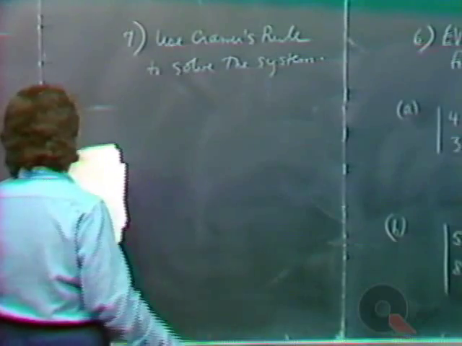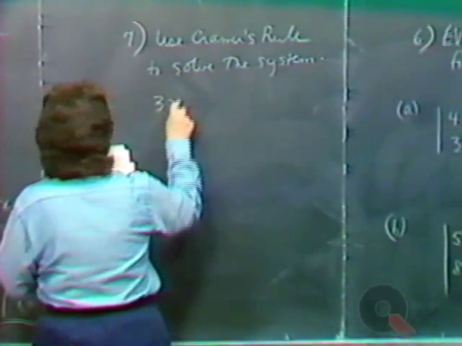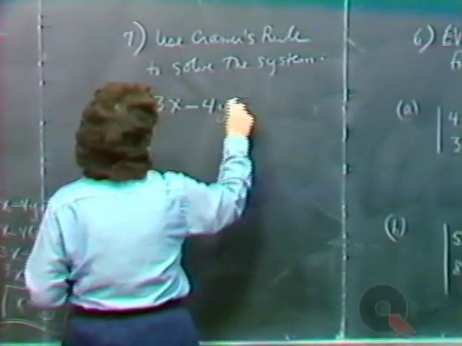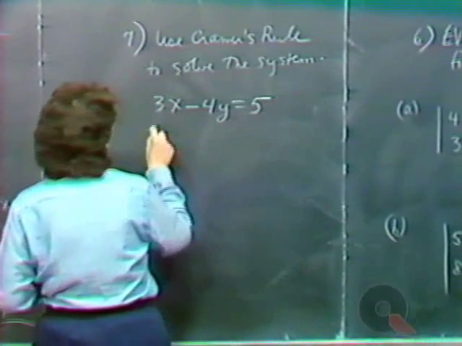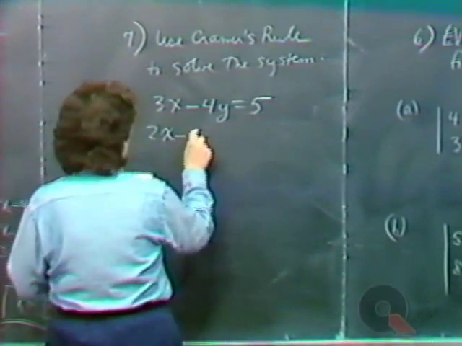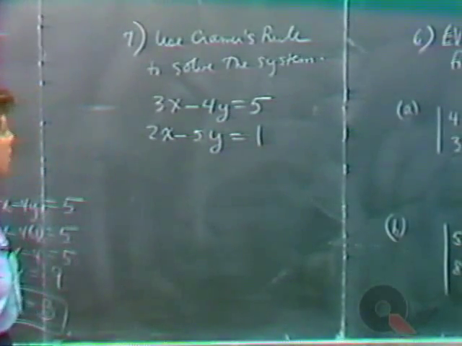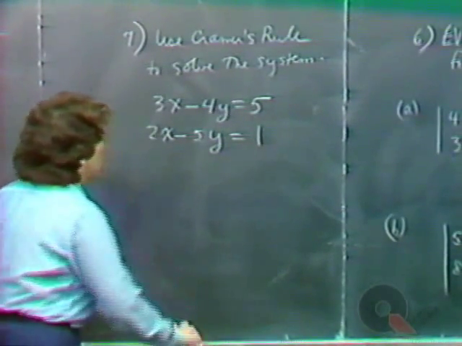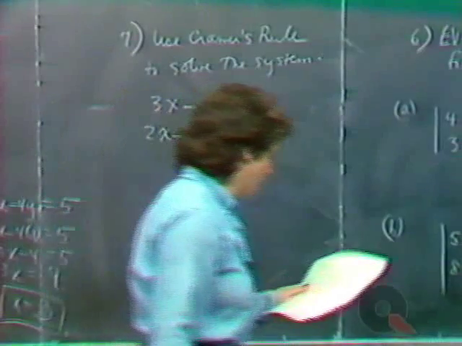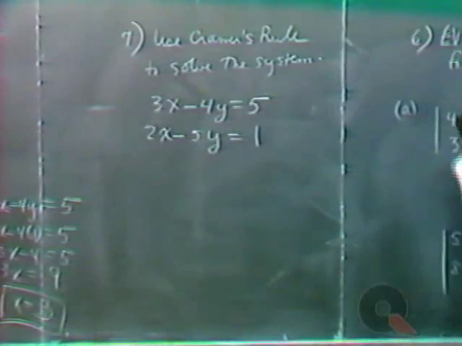Use Cramer's rule to solve the system 3x minus 4y equals 5, 2x minus 5y equals 1.